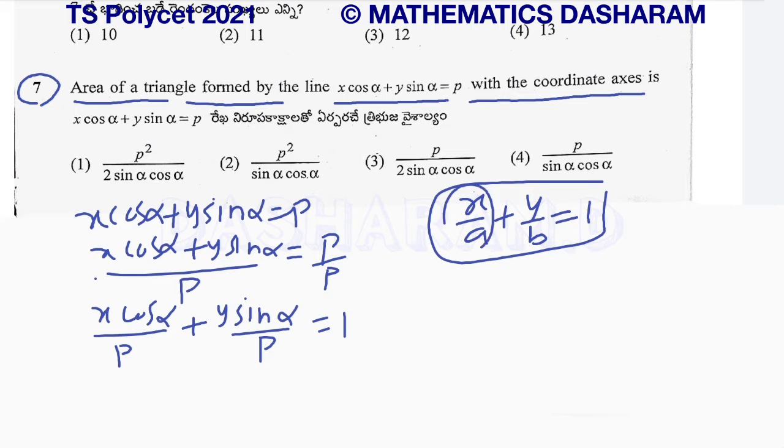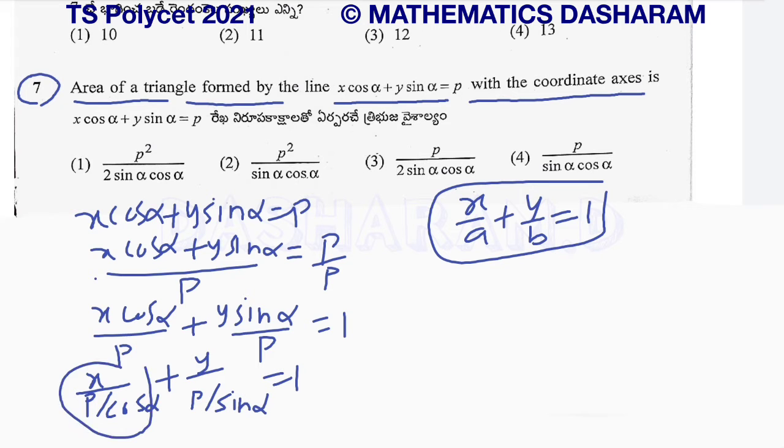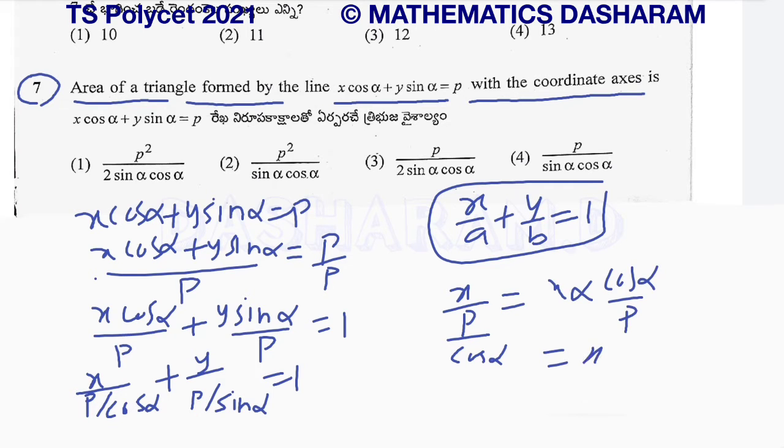Now we need the x by a form. x by a means here x by p divided by cos alpha plus y by p divided by sin alpha equal to 1. See, observe this, x by p by cos alpha equals what? x into cos alpha divided by p, it is equal to x cos alpha divided by p. So again, we got it as it was.